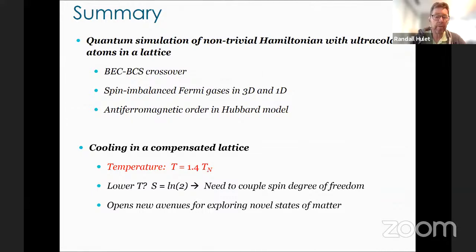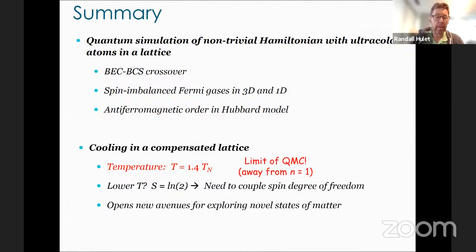To go to lower temperatures, one has to address the spin degree of freedom, because right now our temperature of about 1.4 times the Néel temperature corresponds to an entropy of something like 0.6 or 0.7, which is log 2, the total entropy in the spin degree of freedom. So our Mott phase is really low entropy. Given the Mott physics, the double occupancy probability is very small, but we need to be able to address the spin degree of freedom in order to go further.